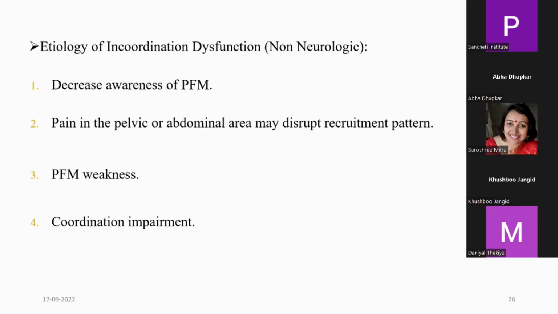This can also disrupt the recruitment pattern of the pelvic floor muscles. Then comes pelvic floor muscle weakness, and then coordination impairment, that is the coordination between the muscle and the function. So these are the major etiologies for the non-neurologic incoordination dysfunction.